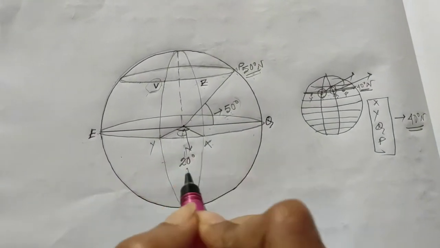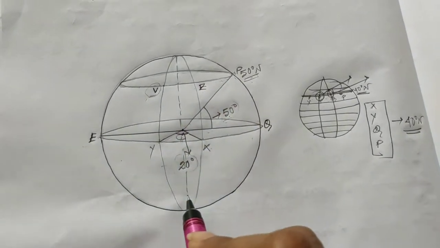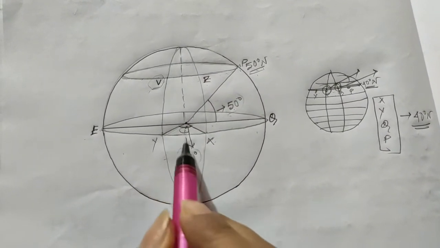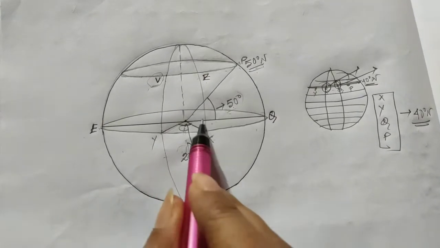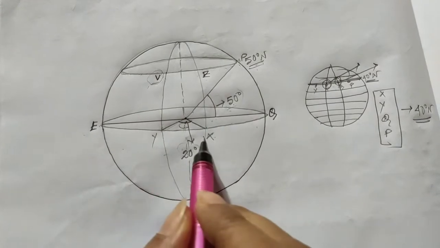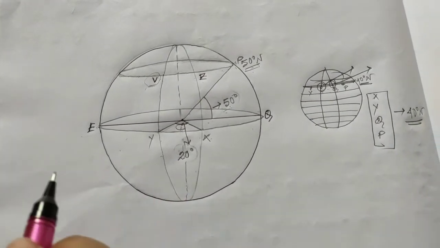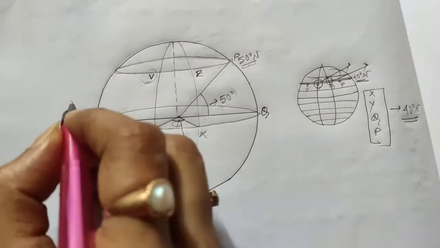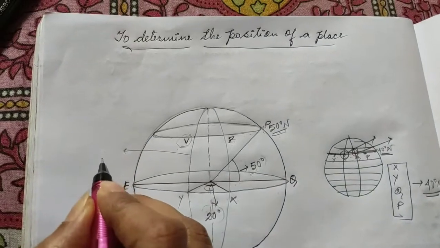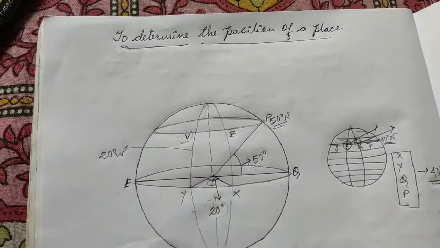So if it is 20 degrees, the latitudinal line, both latitudinal lines, I got here, that is the angle, that is 20 degrees. That means this longitudinal line and this longitudinal line, both are 20 degrees. But on this side, this longitudinal line is 20 degrees west.